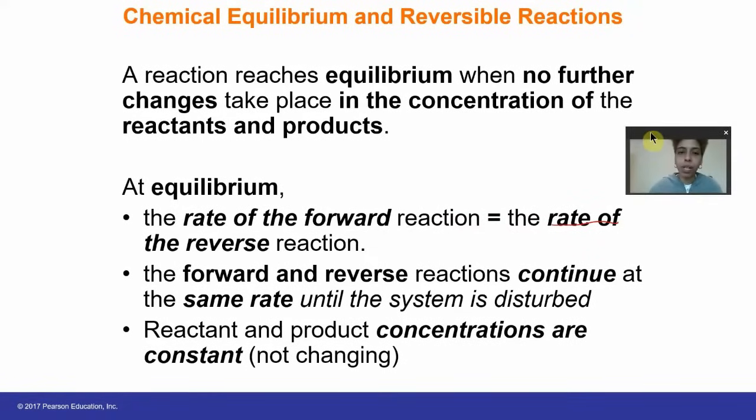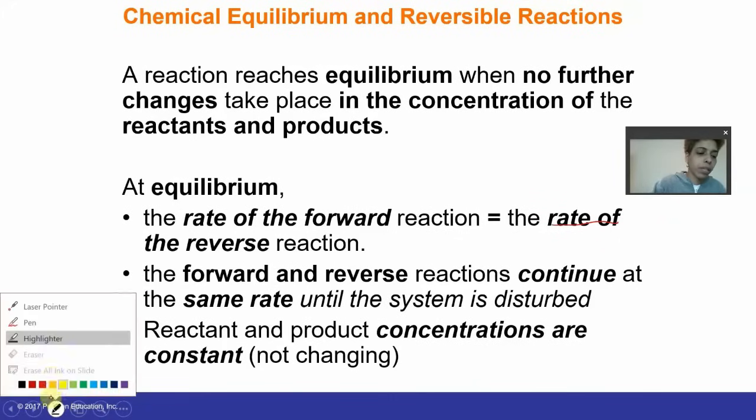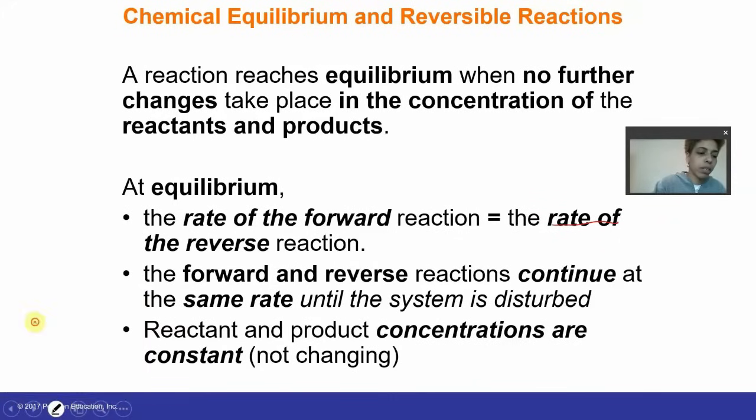So, a reaction is going to reach equilibrium when the rate of the forward reaction is equal to the rate of the reverse reaction. So when the rate of forming product molecules becomes equal to the rate of forming reactant molecules, we end up with equilibrium.